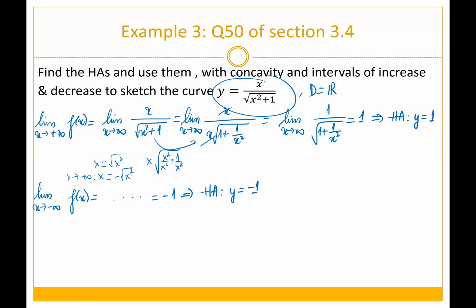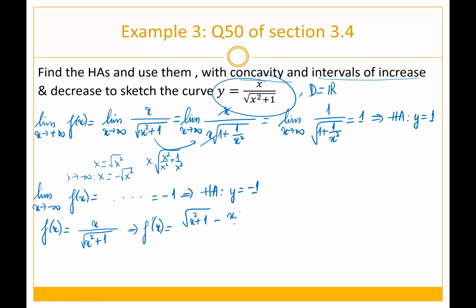We only need to find more about the concavity and intervals of increase and decrease. So we have f(x) be x over square root of x squared plus 1. If you find f prime of x, I'll do this one quickly because the derivative is not really the theme of discussion in this exercise.